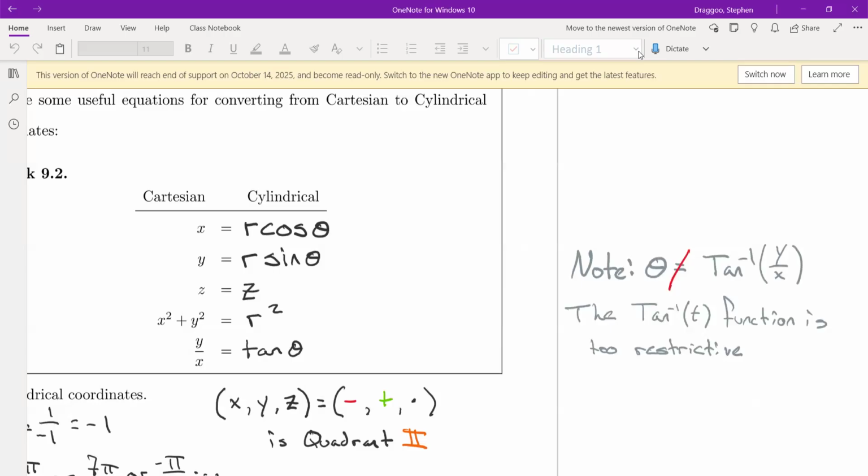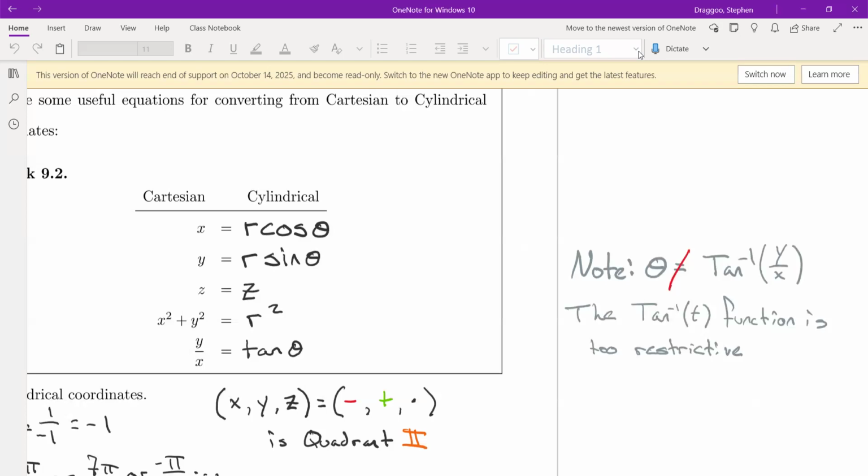There are a few complicated reasons for that, but effectively, the tangent inverse function is not a very good function. It has a specific couple of jobs that it can do, but it has a very restricted range, meaning I can't get all possible angles out of it.